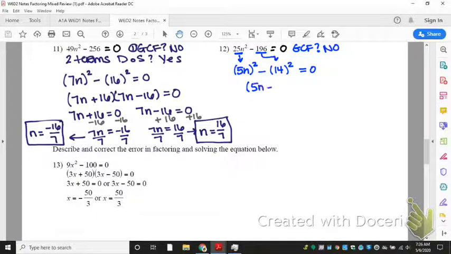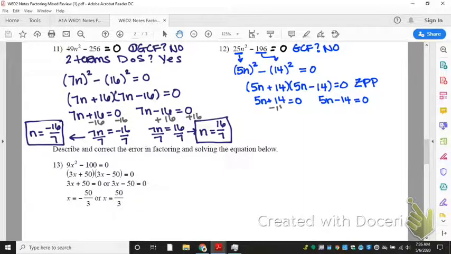So this is going to be 5n plus 14 and 5n minus 14. So set that equal to 0. And now we are into zero product property area here. So set each factor equal to 0. 5n plus 14 equals 0, and then 5n minus 14 equals 0.